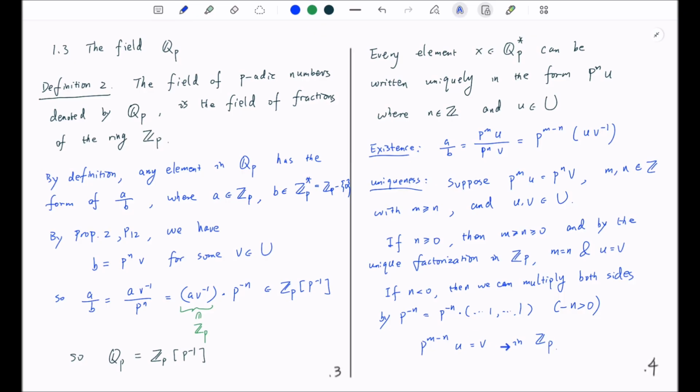Now by the uniqueness of the factorization in Z_p again, we must have m is equal to n and u is equal to v as well. So this verifies the unique factorization in Q_p star.